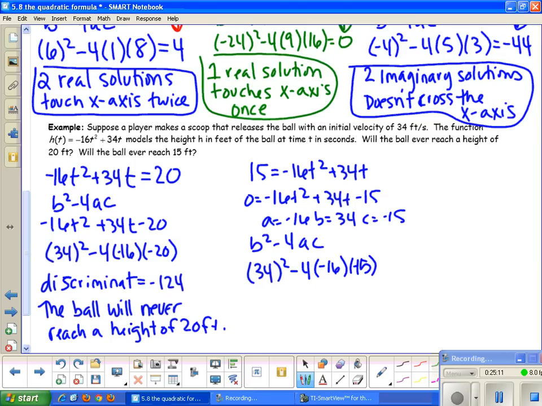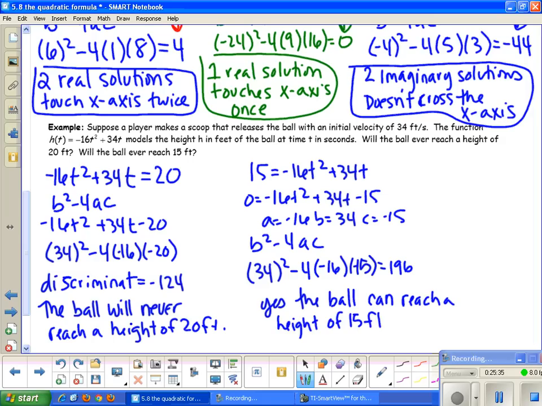And when I do this out, I get 196 underneath my radical for my discriminant. So that means that my ball can reach this height. So yes, the ball can reach a height of 15 feet.